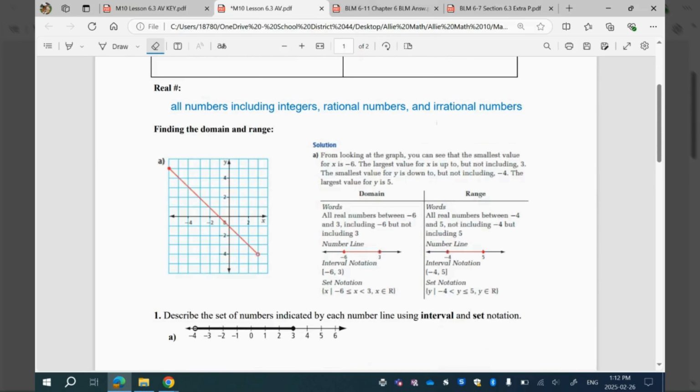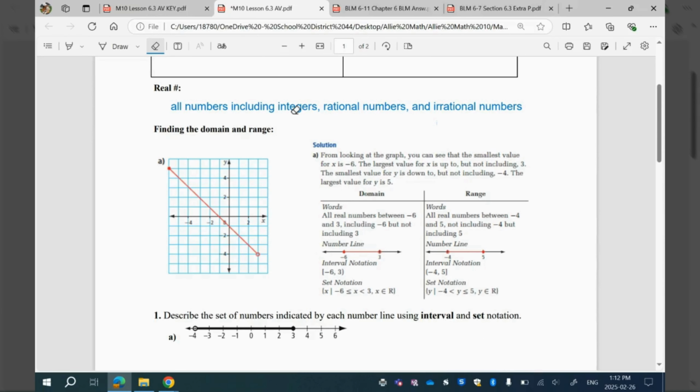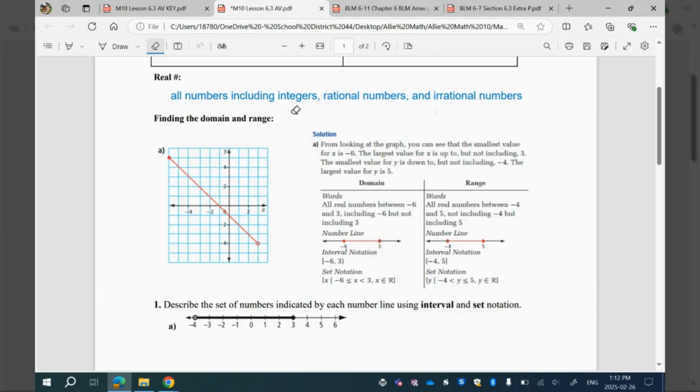Okay, I'm going to erase that. So let's start playing around with it. Let's start finding the domain and range. You'll notice maybe that I had domain and range as my words of the day the last couple of weeks. So let's read a little bit of this part from the textbook. We're going to need to be able to figure out and express a domain and range in words, as a number line, as interval notation and as set notation.